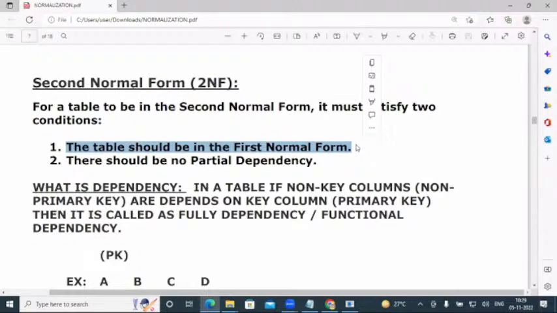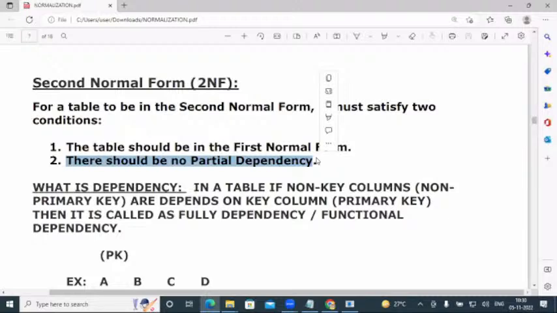That's over. After that, your table should not contain partially dependent columns. So once the first normal form conditions are satisfied, what next do I have to check? Whether there are any partially dependent columns in your table or not. Suppose in your table you have a partially dependent column, then immediately that column will be removed from your table.